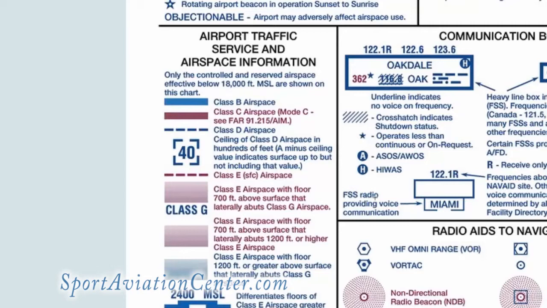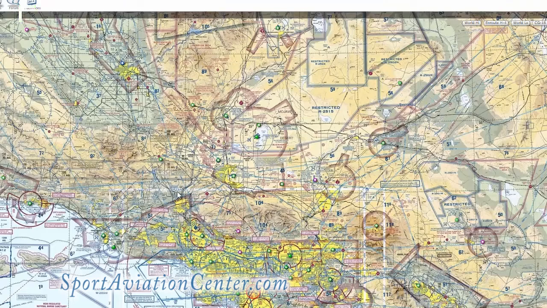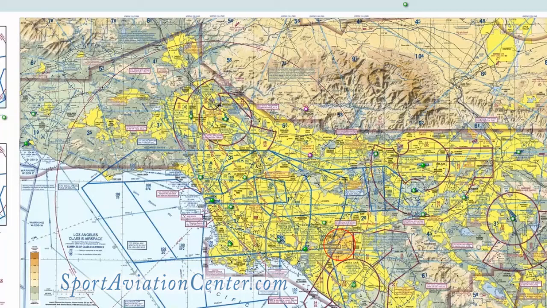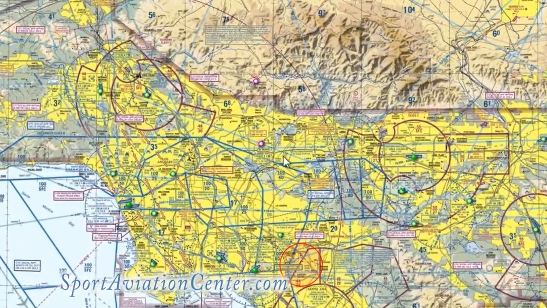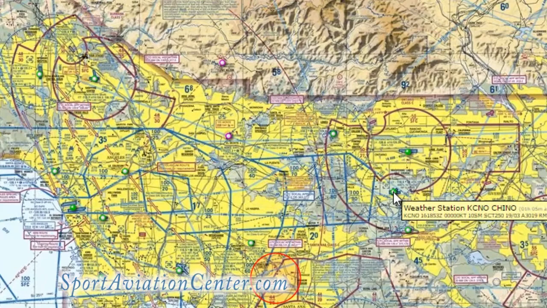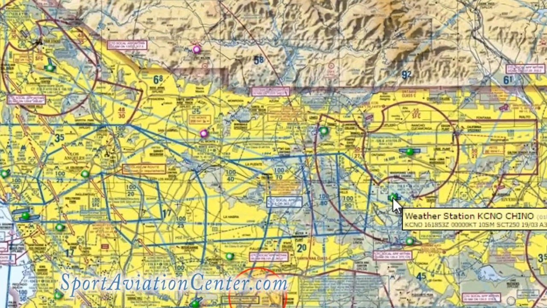But right now we're just worried about our complex airspace, getting in and out of LA. So what we're going to do is go to a terminal area chart, which we can see is depicted here, to get a greater detail of our area. Okay, here we're looking at a more detailed terminal area chart, and as we come down here, I've actually got to get into this airport right here, Chino.